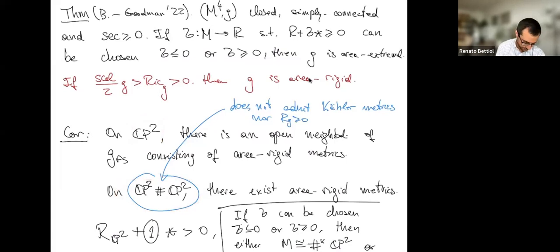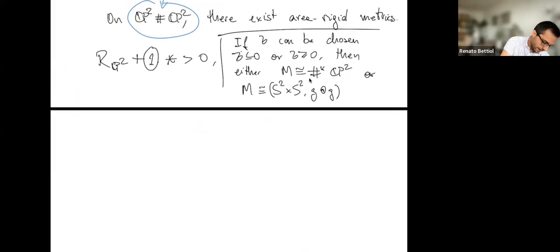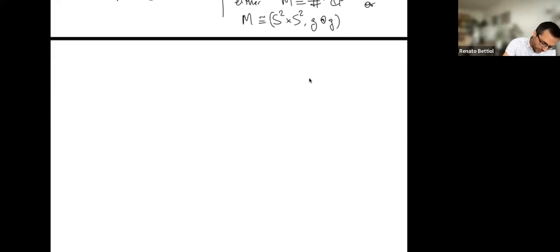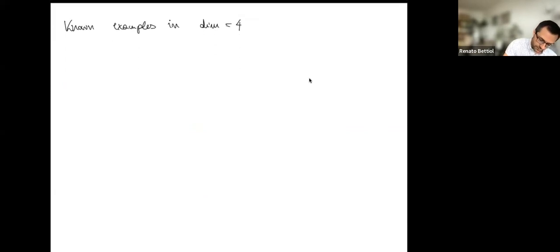However, another way of looking at this is that it applies everywhere it can in some sense. If you look at the known examples in dimension 4 of manifolds with non-negative sectional curvature, there's not that many, right? The list is very short.